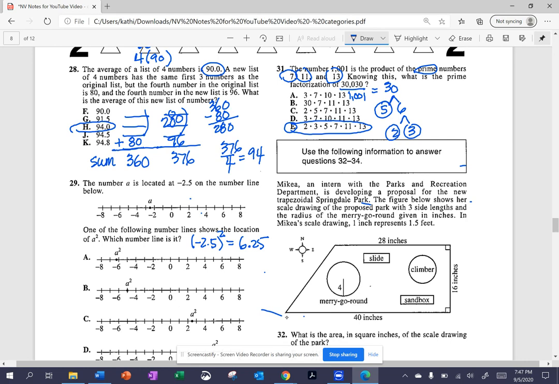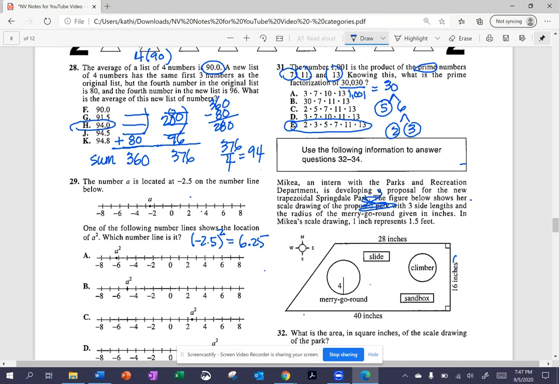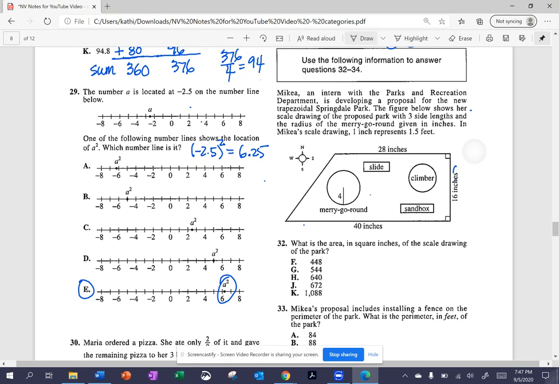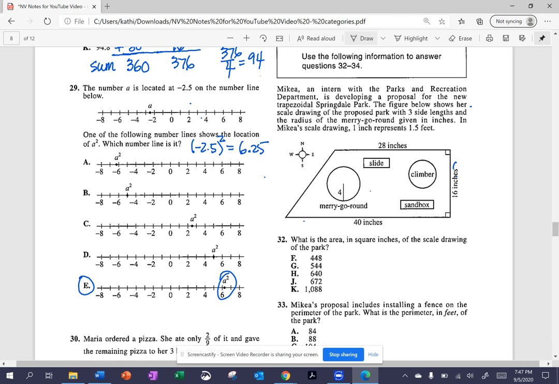Okay, 32. Micaiah, an intern with the Parks and Recreation Department, is developing a proposal for the new trapezoidal Springdale Park.